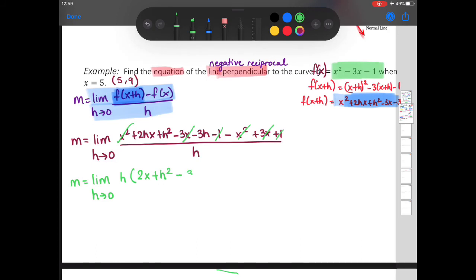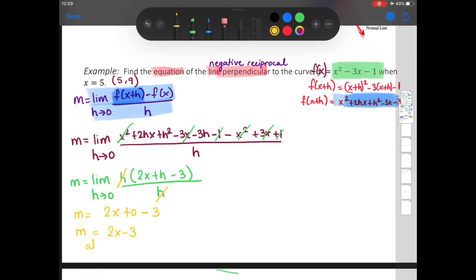It's just h, and then it's 2x plus h minus 3, I just factored out, right, over h. What happens to my h's? They cancel out, right? So what am I left with? I'm going to apply the limit now. I'm going to substitute h for 0. I'm left with 2x plus 0 minus 3. So what do I get? I get 2x minus 3.